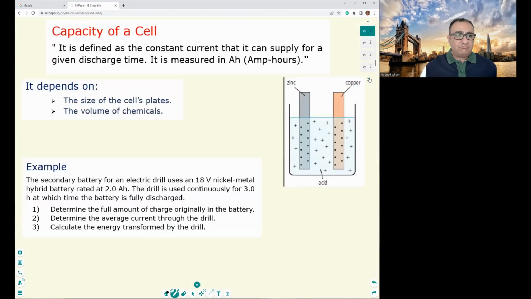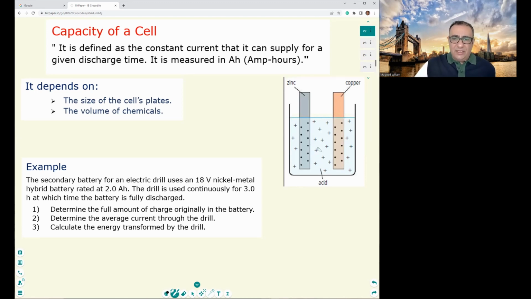Now, next, capacity of a cell. Let's start with a quick chemistry background. A cell has two electrodes. This is a very simple cell. We have some chemicals, and there are chemical reactions here, and these chemical reactions produce chemical energy.